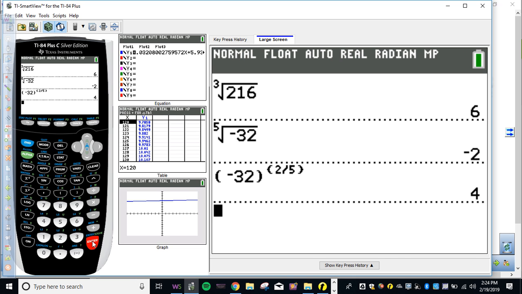Positive 4. Okay? So you can put in fractional exponents as well. Sometimes I'll make you break them down to the point where it doesn't even matter if you do this. You can just double check your answer. But I'll have you going from exponent to radical form and back and forth like that.